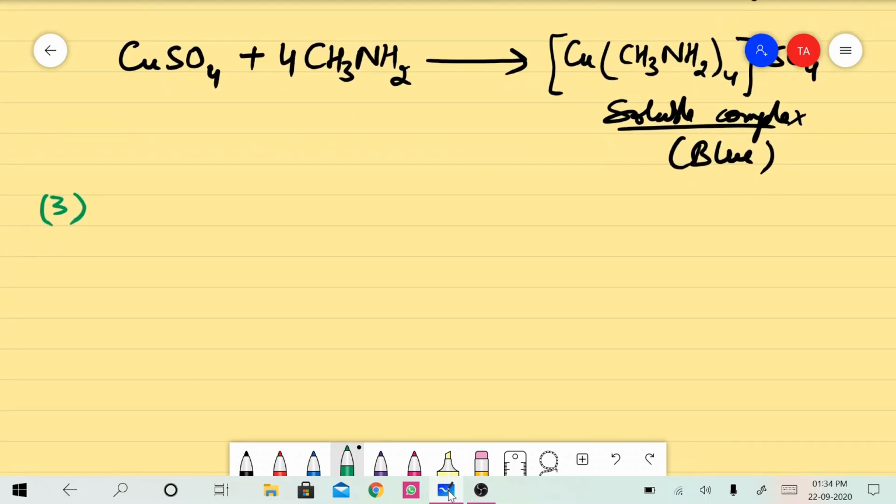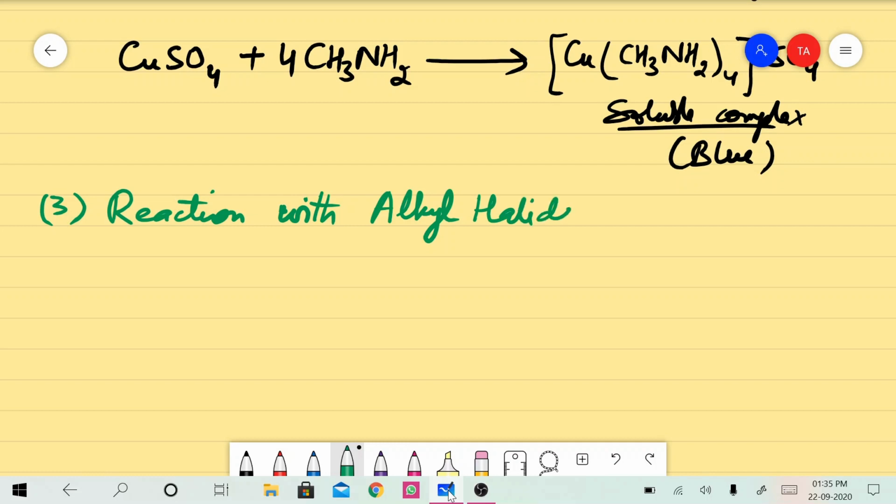Next reaction है reaction with alkyl halides. And this reaction is called alkylation.